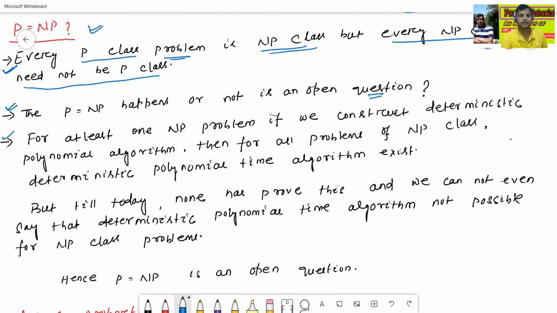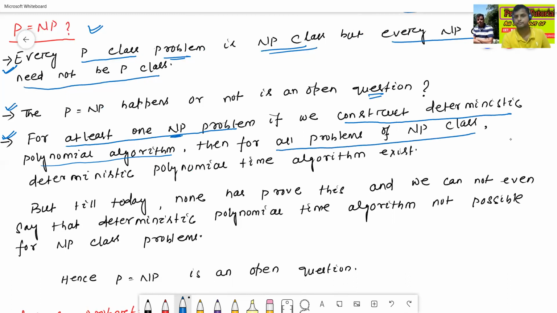So the next point: if, for at least one NP problem, we construct a deterministic polynomial algorithm, then for all problems of the NP class, a deterministic polynomial time algorithm exists.